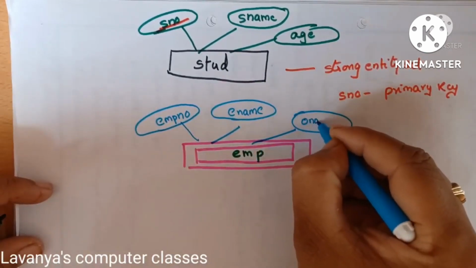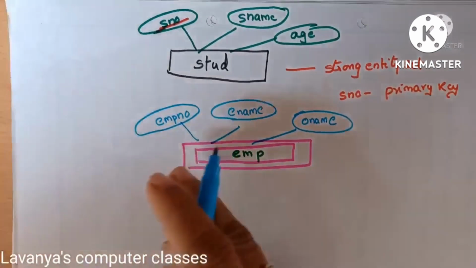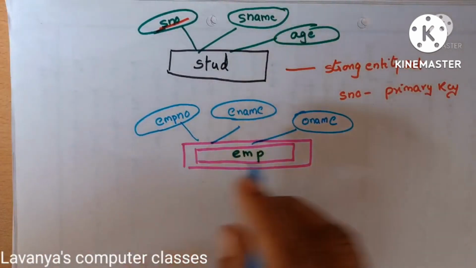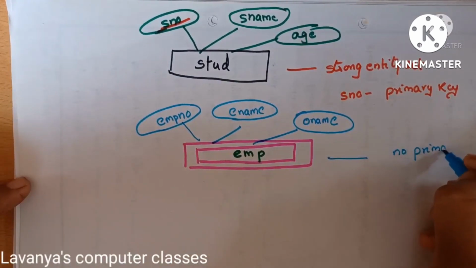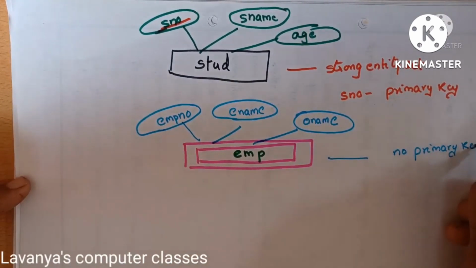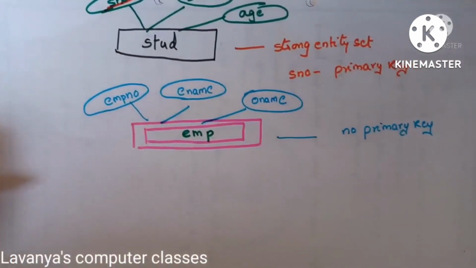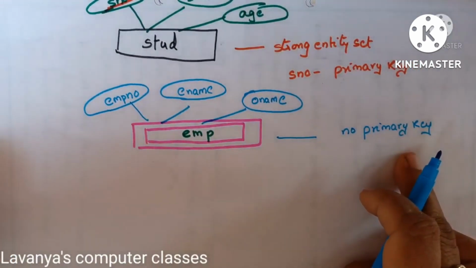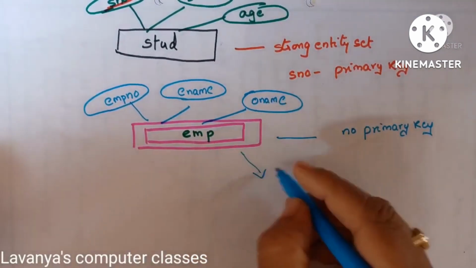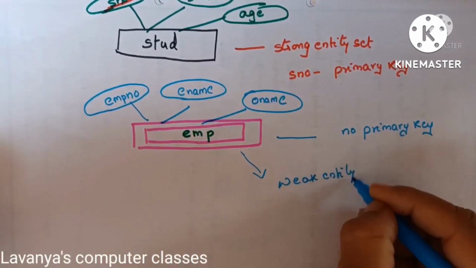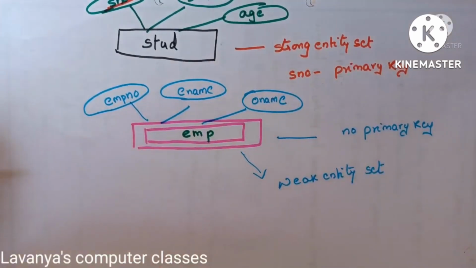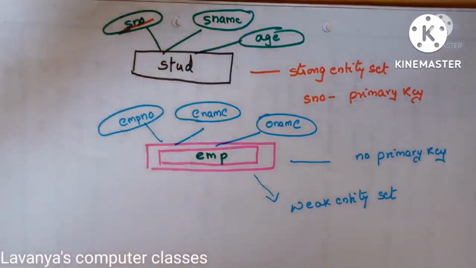O name means organization name. Here we do not keep any underline. That means we do not keep any primary key. No primary key concept in this example. So no primary key means it is not possible to uniquely identify. So this is the example for a weak entity set. These are the types of entity sets.